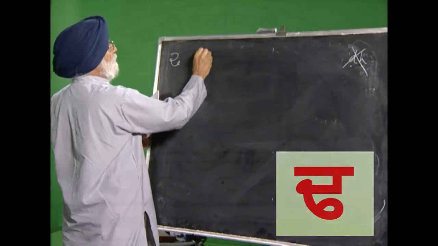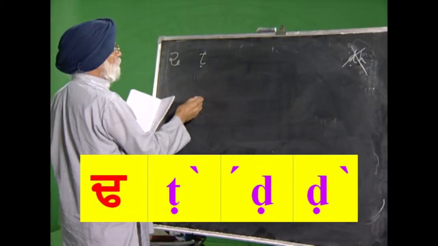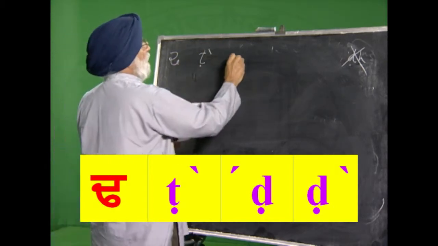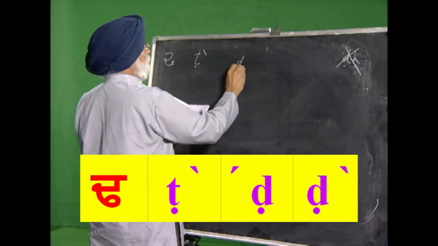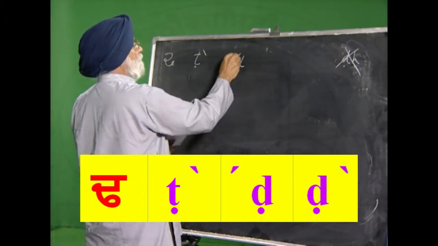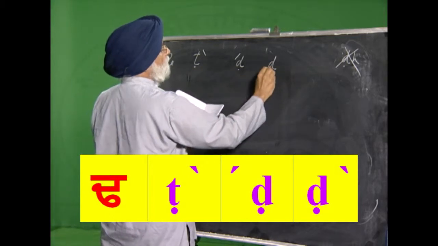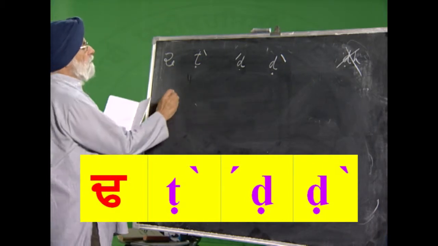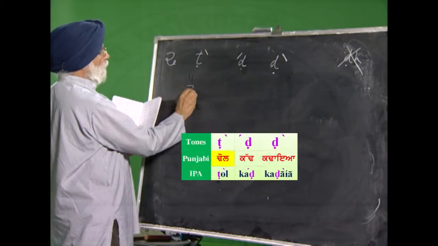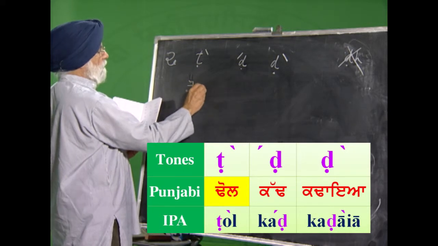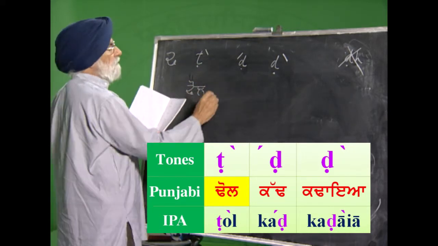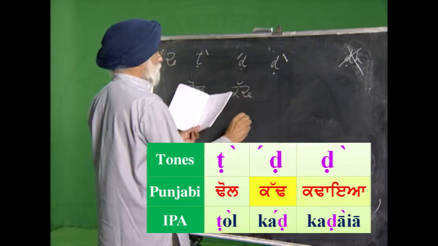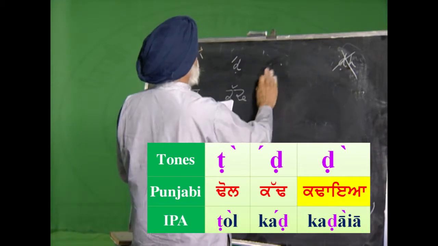Here we will have again the same thing, it is a retroflex voiceless and followed by low tone, and then da, its voiced counterpart preceded by high tone, and the voiced counterpart followed by low tone. So, we have words like toll, and then cud and kadaya, this third.